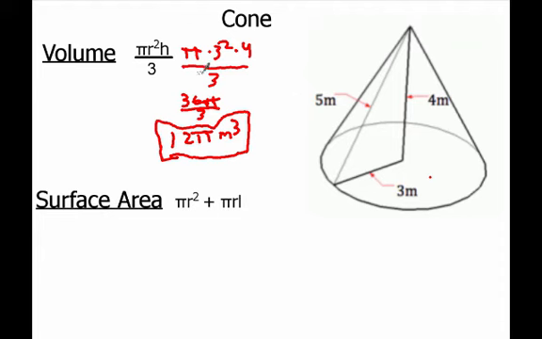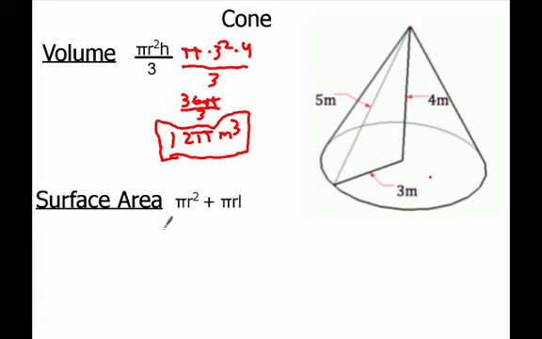So this right here, 12 pi meters cubed, that is our volume in exact units. We simply take pi times the radius squared times the height and divide it by 3. So similarly, our surface area is pi times the radius squared, that gives us the area of our circular base, plus pi times the radius times the slant height, which will give us the area of our one lateral face that we have up here.